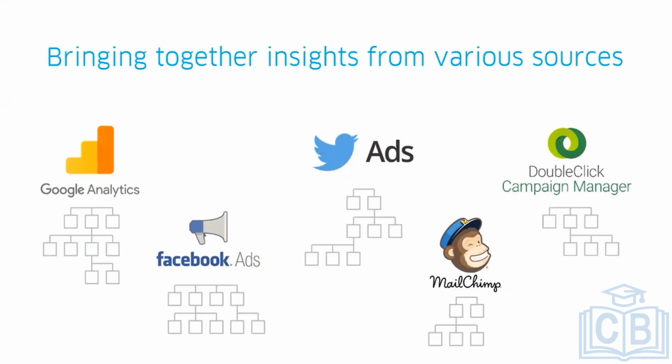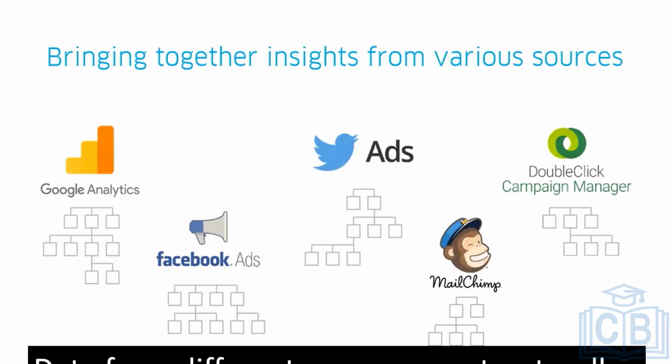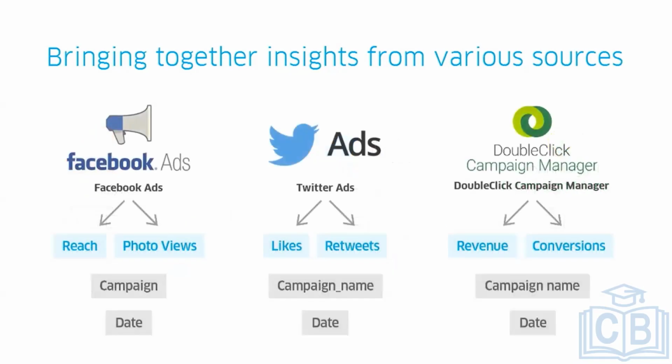As I said, your data sources come in different shapes altogether. When I say different shapes, their structure is different. Maybe some things are the same, but every source has its own unique ability which differentiates it from the others.